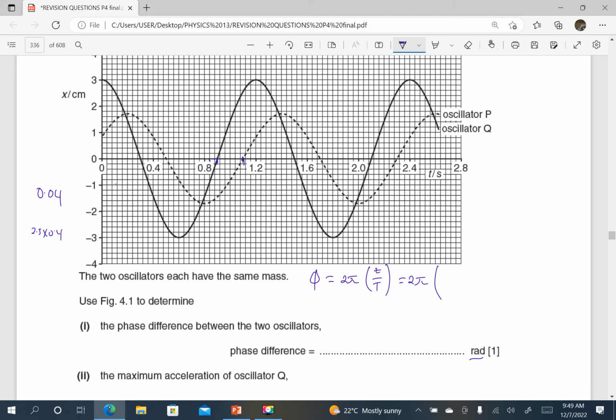So here it is 0.9, and then here I'll just count 1, 2, 3, 4, 5, 6, 7.5 small squares. 7.5 times 0.04, since each small square is 0.04.